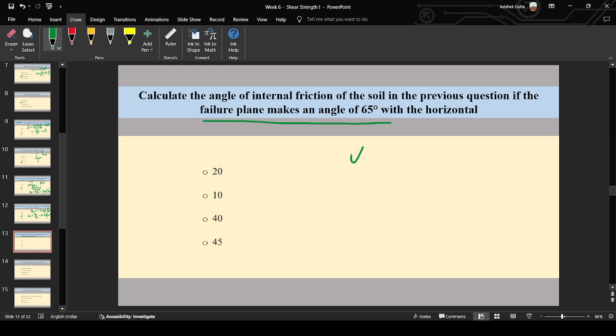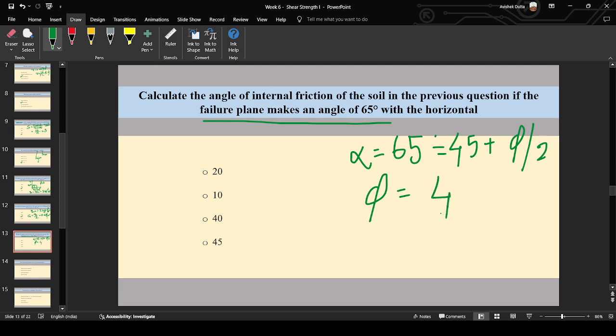This is alpha. The value of alpha equals 65 degrees, which is also equal to the formula 45 plus phi by 2. If you rearrange this equation and find the value of phi, it is 65 minus 45, which is 20, into 2 gives us 40, isn't it? The value of the angle of internal friction is 40 degrees.